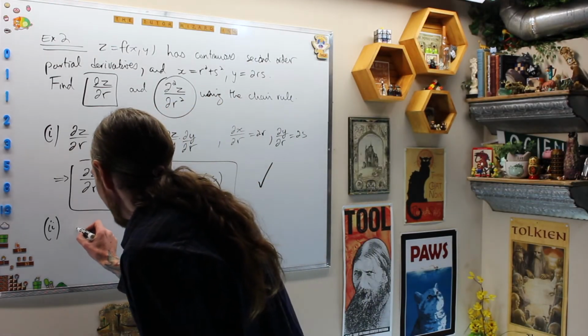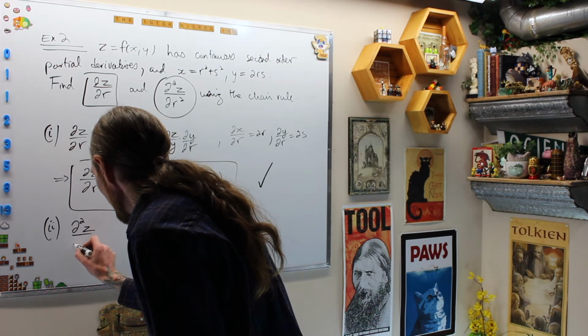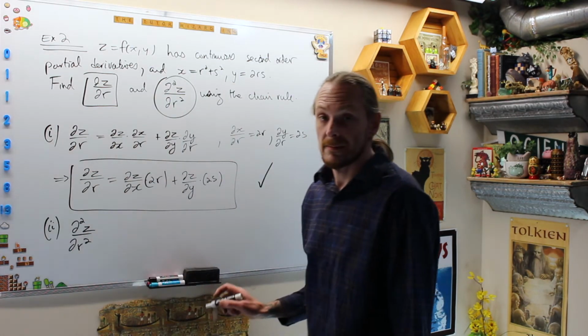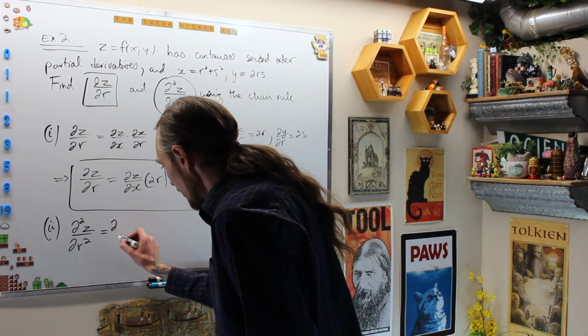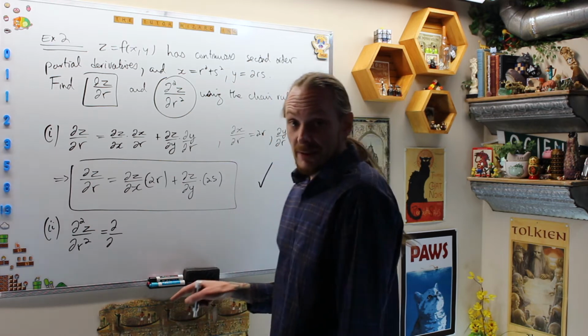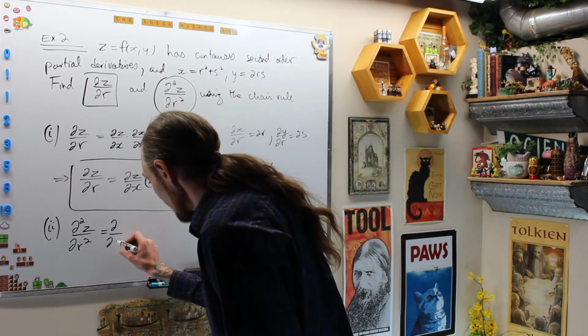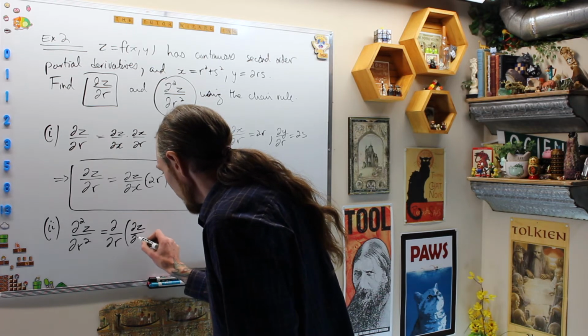Now to compute this, the second derivative of z with respect to r is equal to, by using our definition of higher order partial derivatives, that's actually dz dr is a function of r and s, so that is the partial derivative with respect to r of the first thing that we just computed.